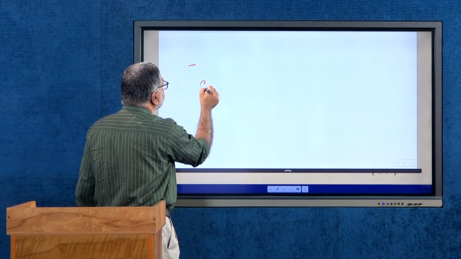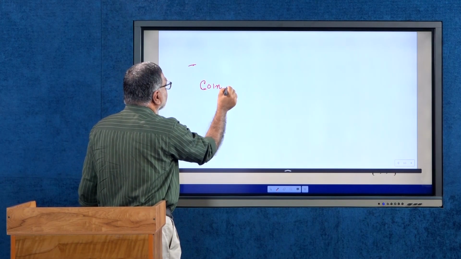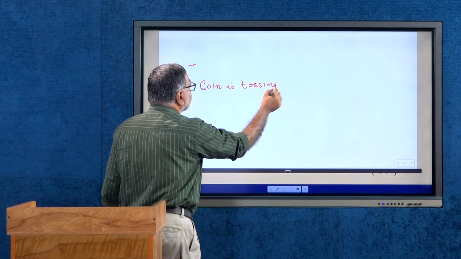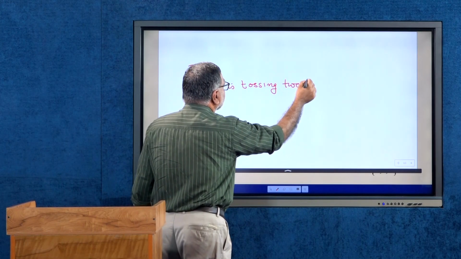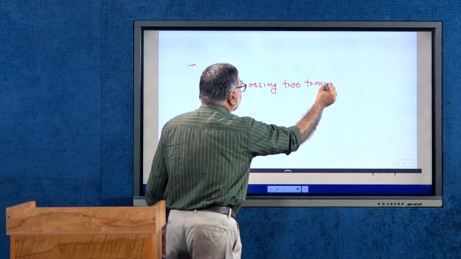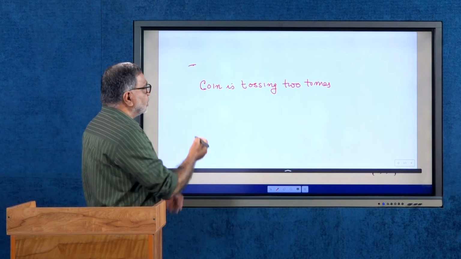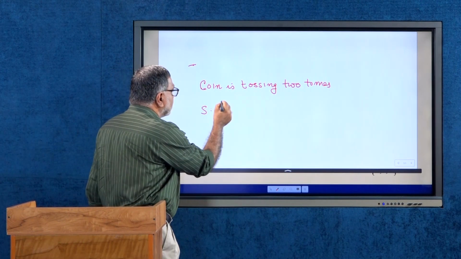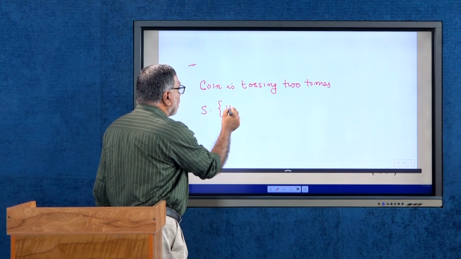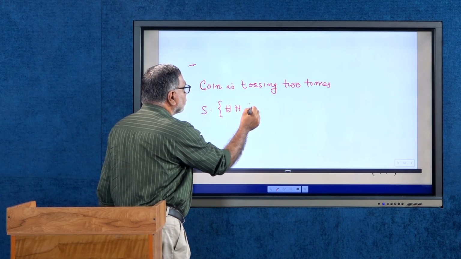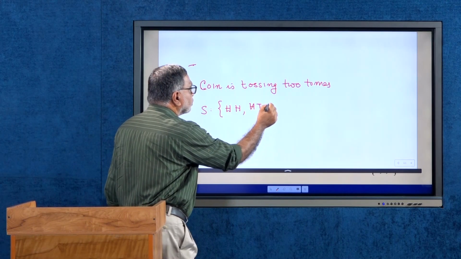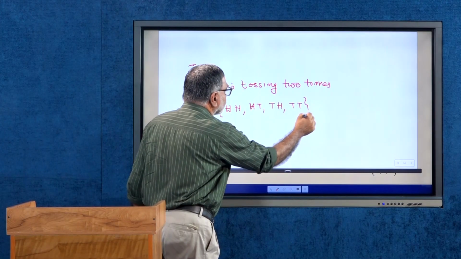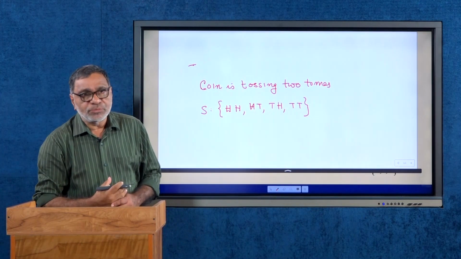A coin is tossed 2 times. So, what is the sample space? Yes, the sample space consists of these outcomes, so these are the possible outcomes.